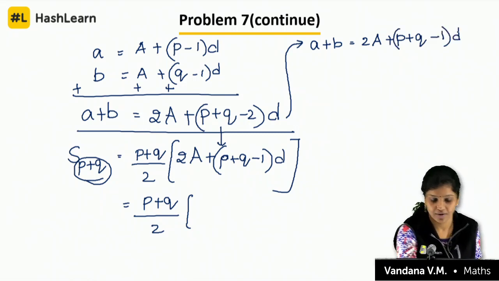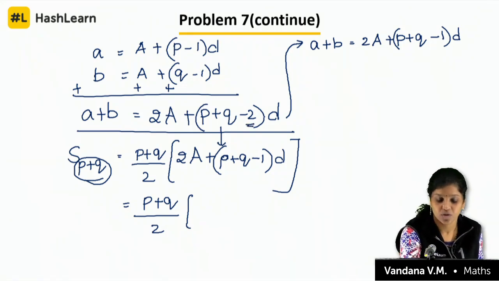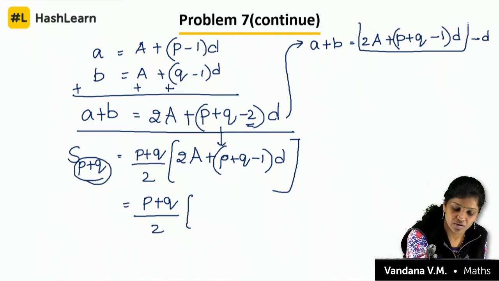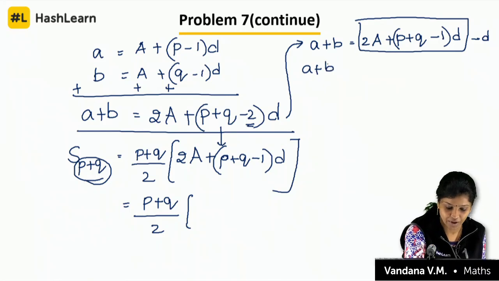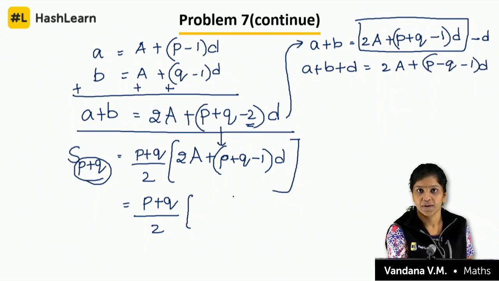One more thing will happen, one more minus, here 2 is there, I am going to split that term. So, I will get minus d. I want only this term, so bring it to this side. So, a plus b plus d is equal to 2a plus p plus q minus 1 into d, right.